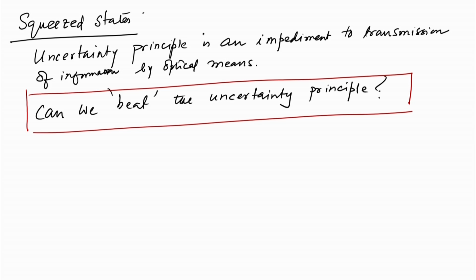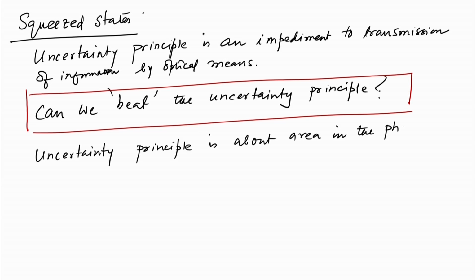So, it is important to understand that the uncertainty principle is actually a statement about the area in the phase space, which what we mean by that is that it is this product of a small pixel in the phase space.